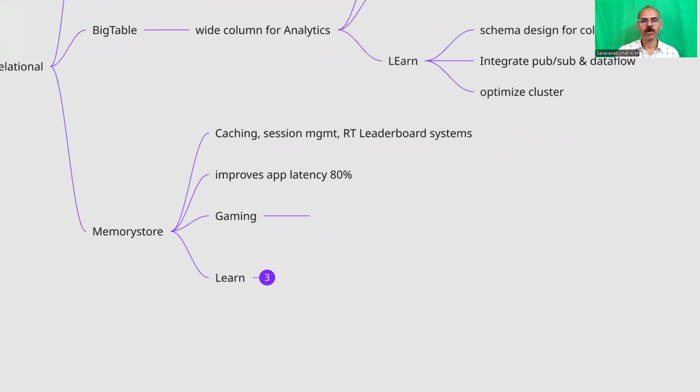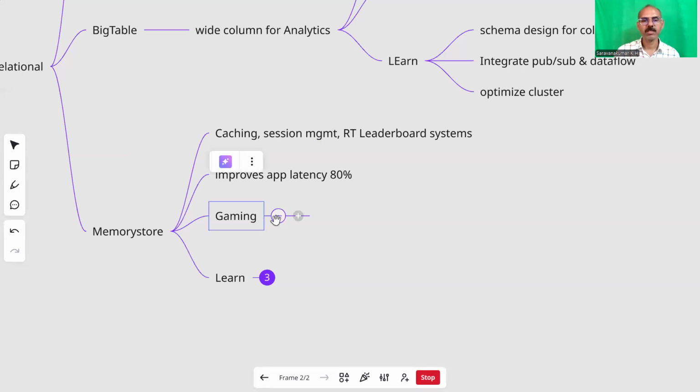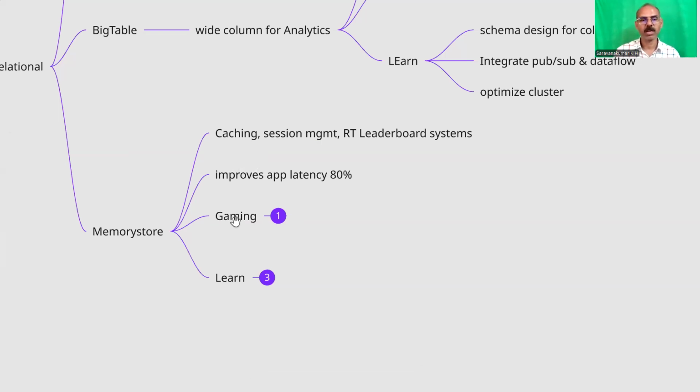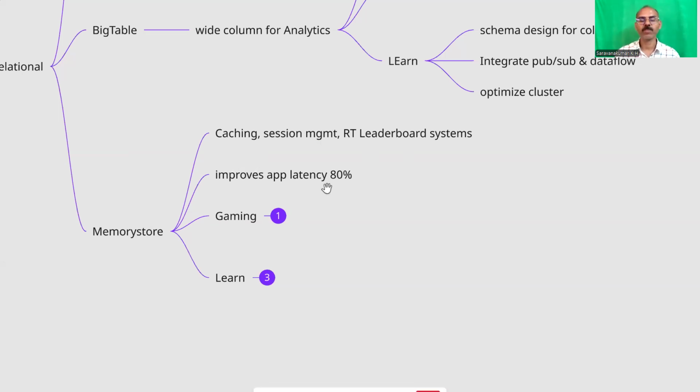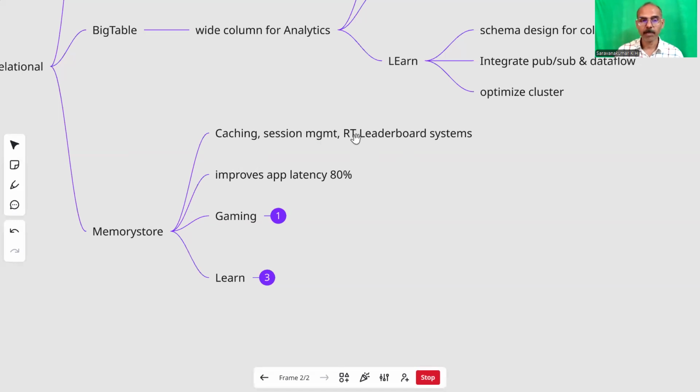For example, if you are doing a gaming application, and there are seven gamers and one gamer goes out of the group, then immediately it needs to be understood, and the leaderboard needs to change in real time. So for those kinds of applications you can utilize Memorystore databases, because it improves application latency by 80%.